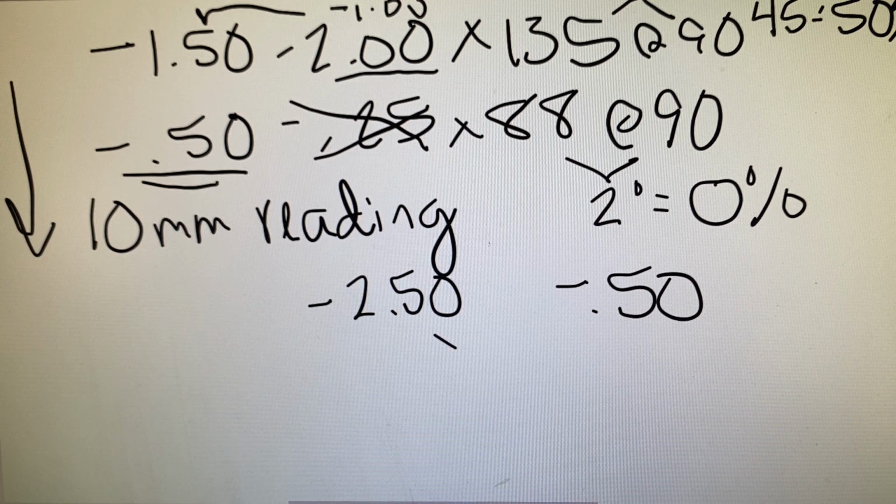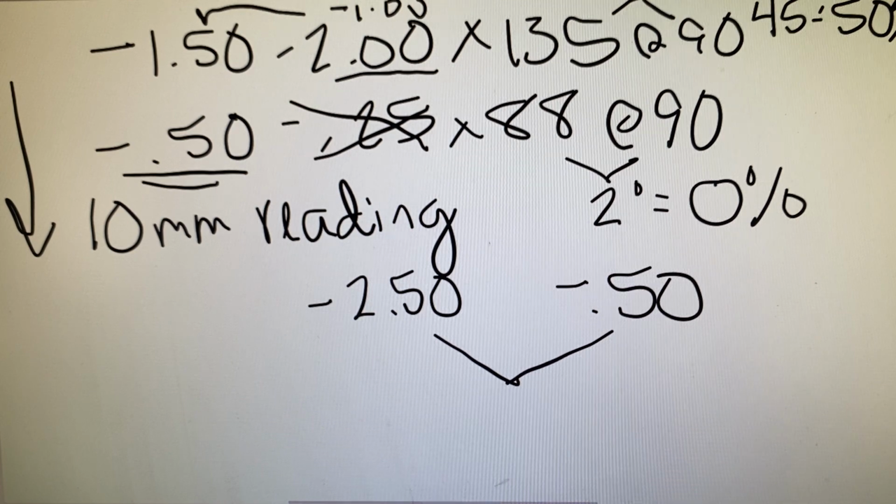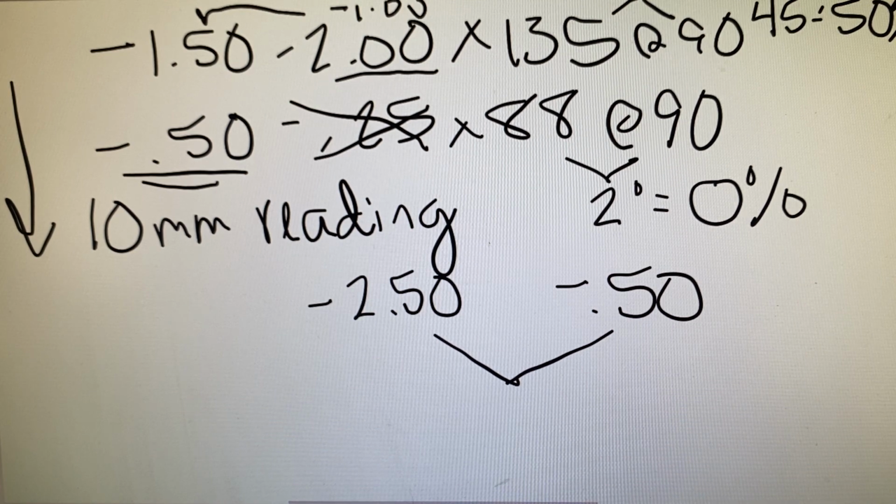Now that we know the power at 90 for the right and left eye, we can figure out how far these lenses are imbalanced. We've got 2 minuses here, so we want to think about this kind of like on our number line.